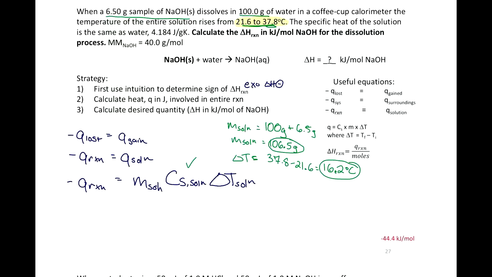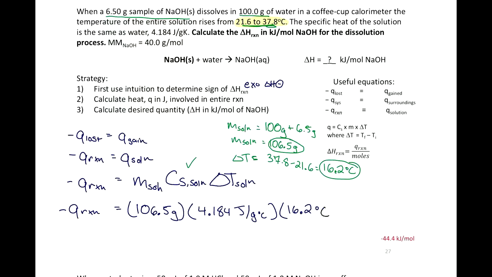So let's rewrite this. Negative Q of our reaction is equal to the mass of the solution, so 106.5 grams, times the specific heat of the solution, which is the same as water, 4.184 joules per gram per degree Celsius, and then finally delta T, how much this solution changed temperature. So it increased 16.2 degrees Celsius.